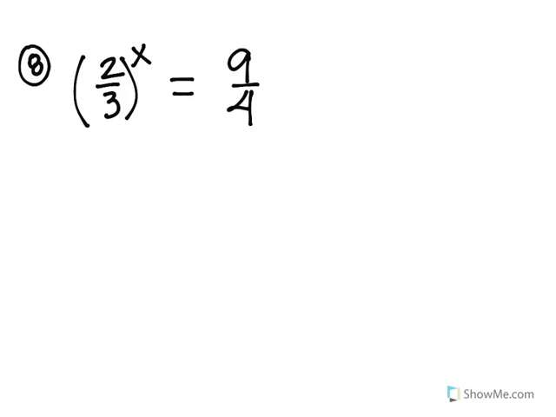If I look at 2/3, I need to raise it to some number that's going to equal 9/4. So I'm thinking, 2 doesn't go with 9 and 3 doesn't go with 4. 2 goes with 4 and 3 goes with 9, if you can see that.